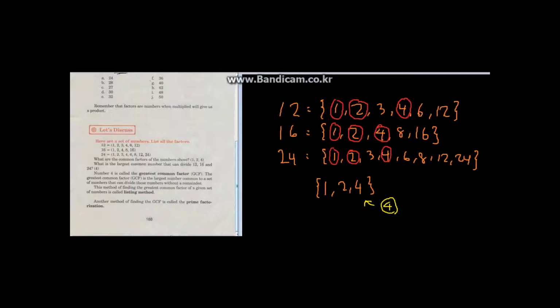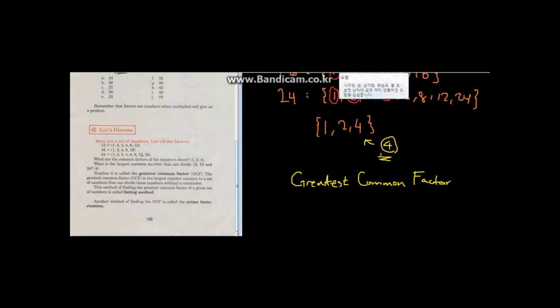In the book it says the number 4 is the greatest common factor. So 4 is a factor that's greatest among all the common factors.